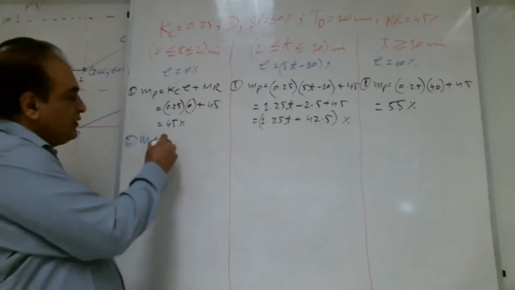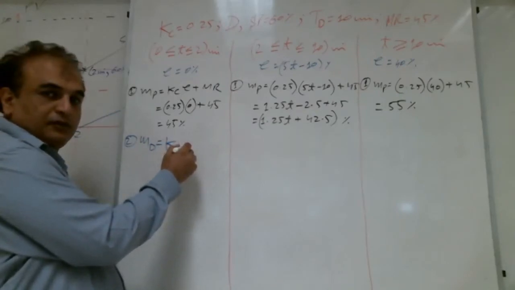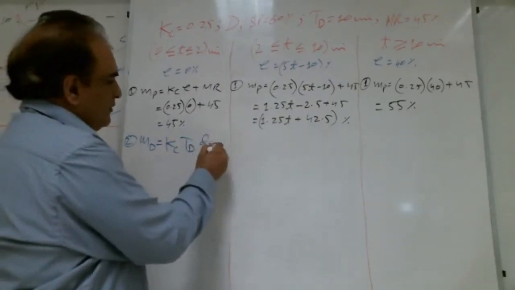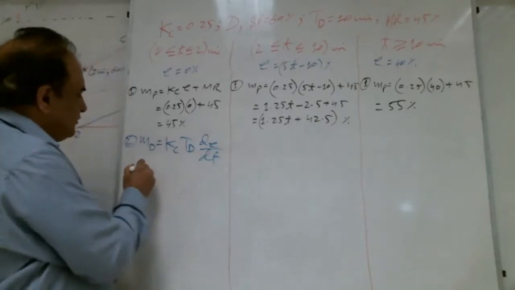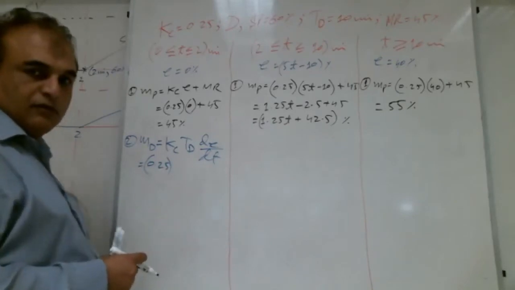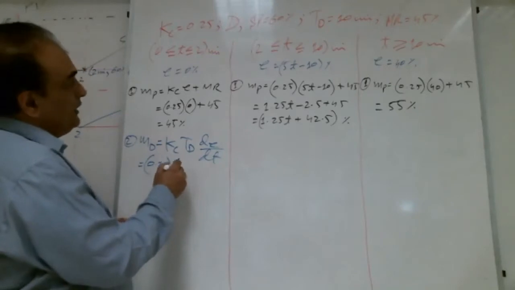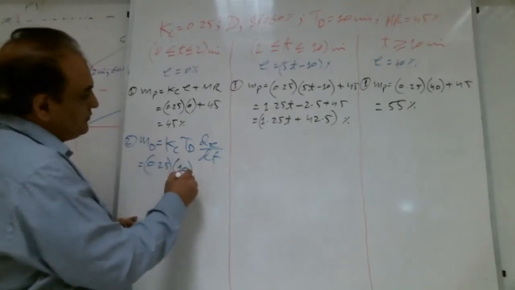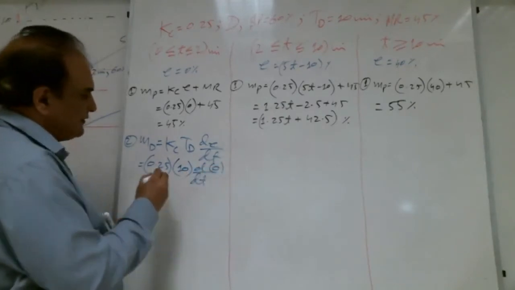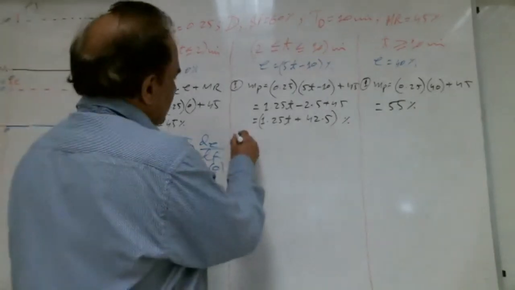KC multiplied by the derivative of the error, d over dt. KC how much? 0.25. Derivative of 10, d over dt, is 0. Right, Shabab? Right, teacher. That's good.